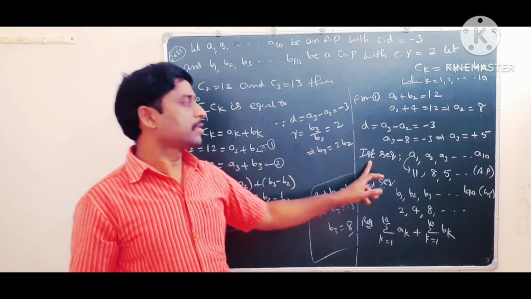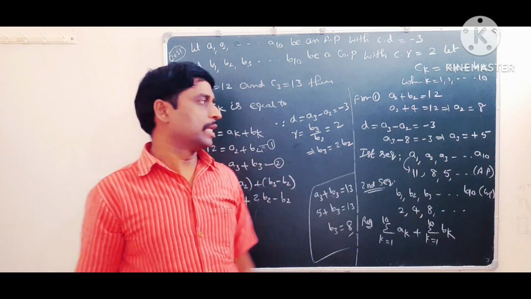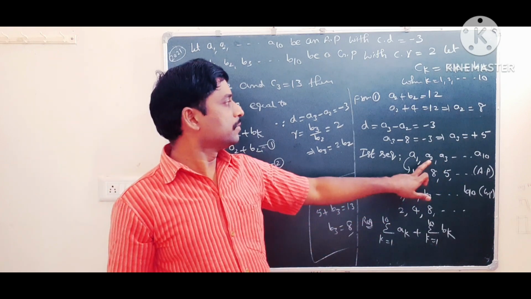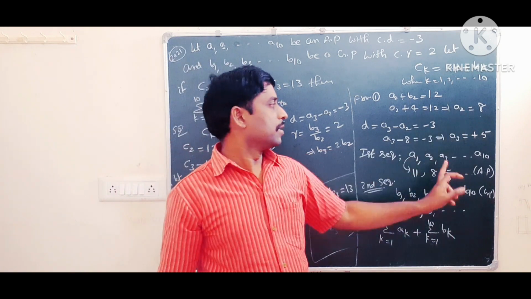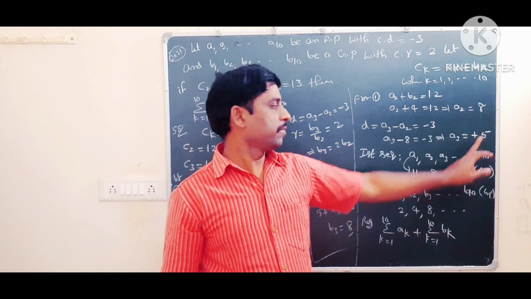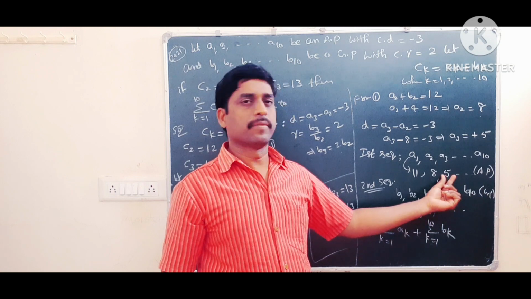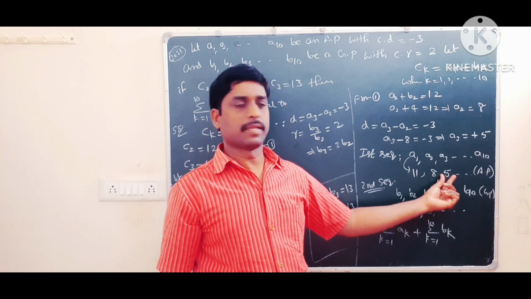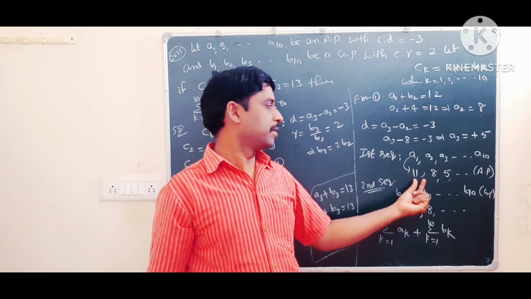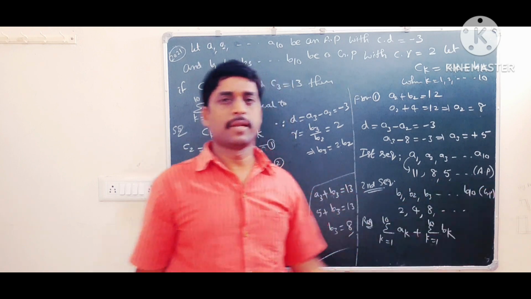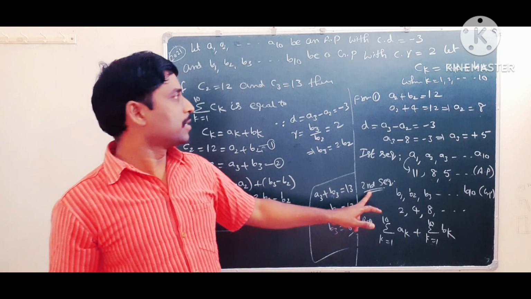So what is the first sequence? A1, A2, A3 and so on up to A10. A2 value is 8 here. A3 value we have got is 5. So 8 to 5. What is the common difference here? Minus 3. So adding 3, the number before 8 is 11. So 11, 8, 5 and so on are in AP. What is the second sequence here?